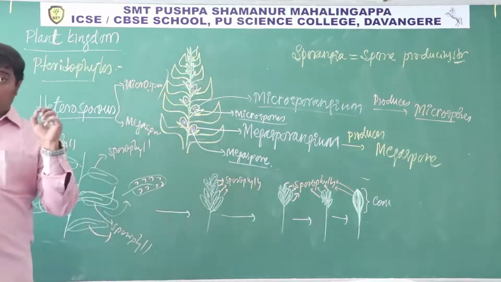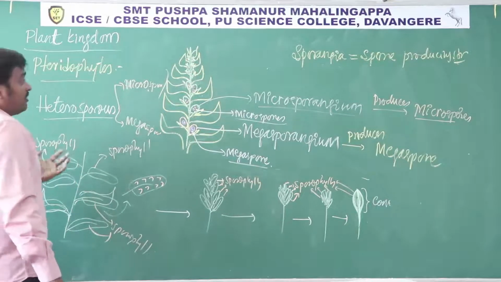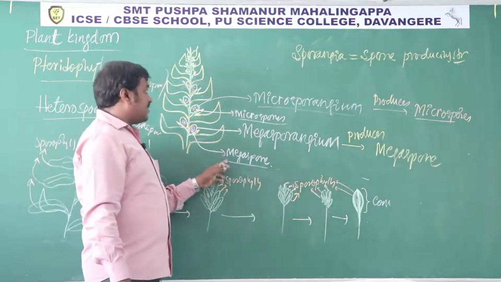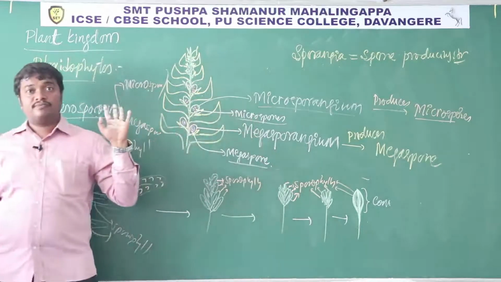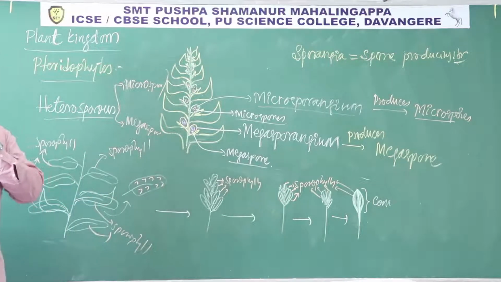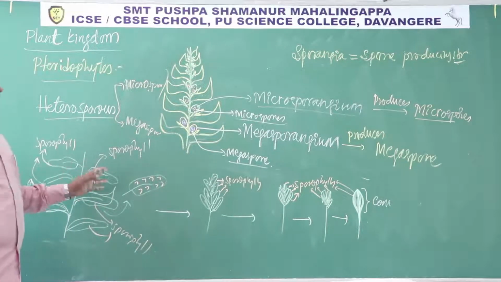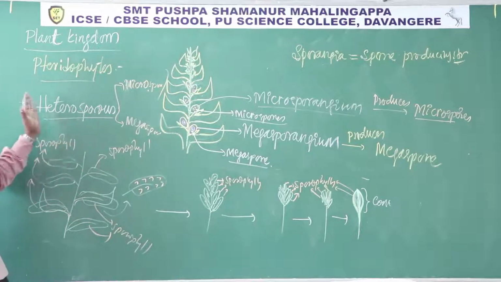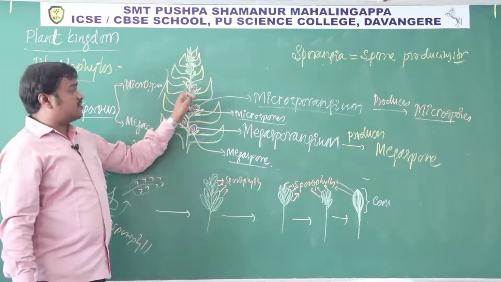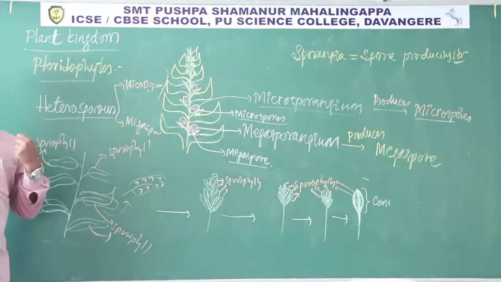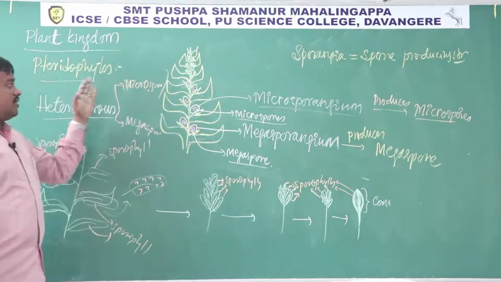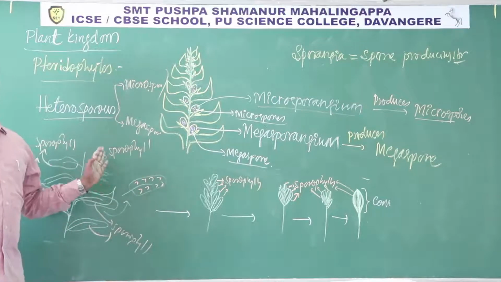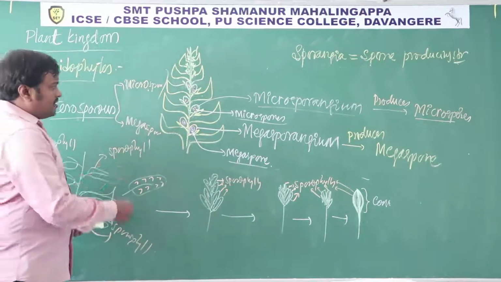In homosporous pteridophytes, you cannot differentiate. It's like a megaspore and it is like a microspore. We cannot differentiate the two, they are all the same. That's the reason why they are called homosporous. But here in heterosporous, two kinds of spores are distinctly produced. We call them microspore and megaspore.